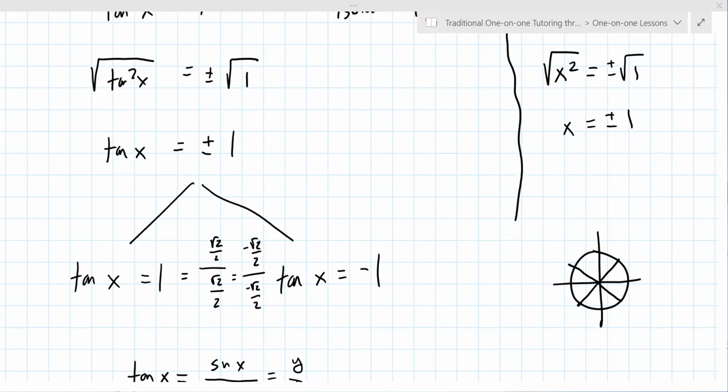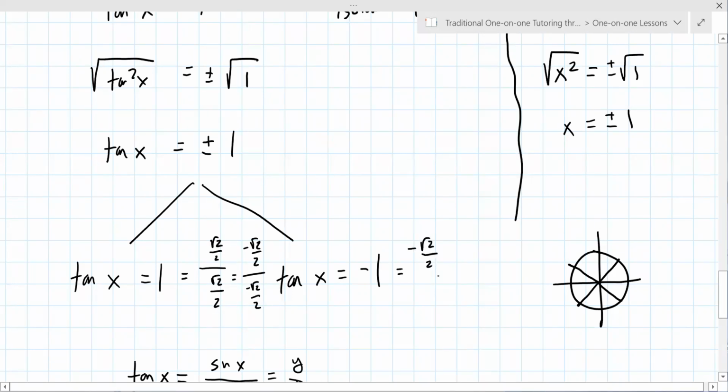And on the right, it's the one where it's root 2 over 2 negative over positive root 2 over 2, or positive root 2 over 2 over negative root 2 over 2. And those are the 4 places here on the unit circle.